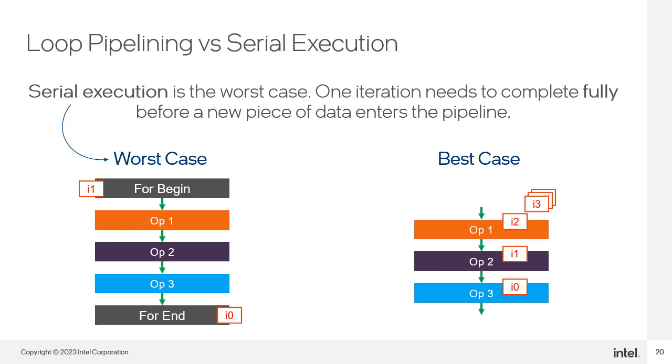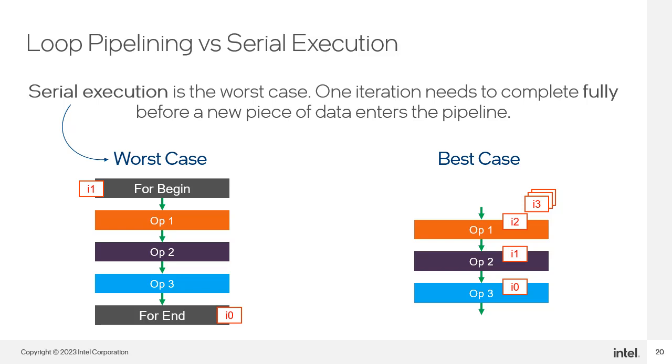Here we keep the loop structure, but we launch successive iterations as soon as the dependency is resolved. There is a dependency between operation 2 and operation 3, but it can be resolved in one cycle. So in the FPGA, we can simply wire the result of operation 3 to operation 2, and we will be able to launch successive iterations every clock cycle into the data flow circuit, and therefore not stall the pipeline.